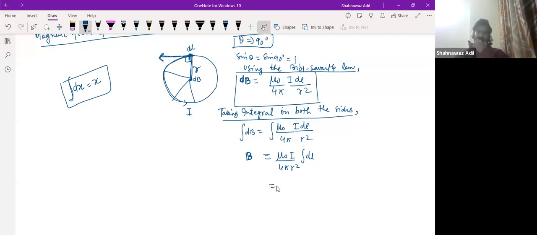If you add up all these dl, what is the total length that you will get?